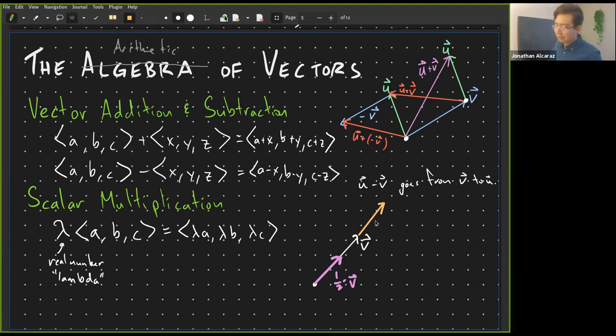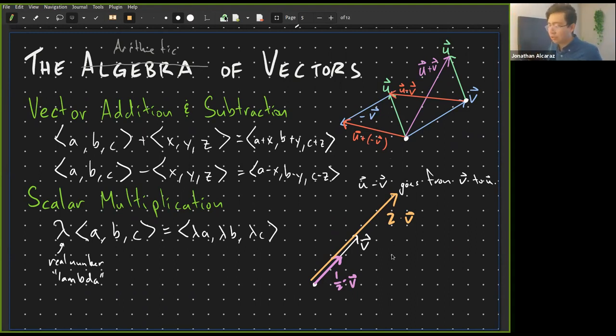I'm going to draw it kind of here, so that you can see the whole vector. Pretend it lines up with this vector. This is maybe like 2 times the vector V. So scalar multiplication is you just stretch or you squish the vector.